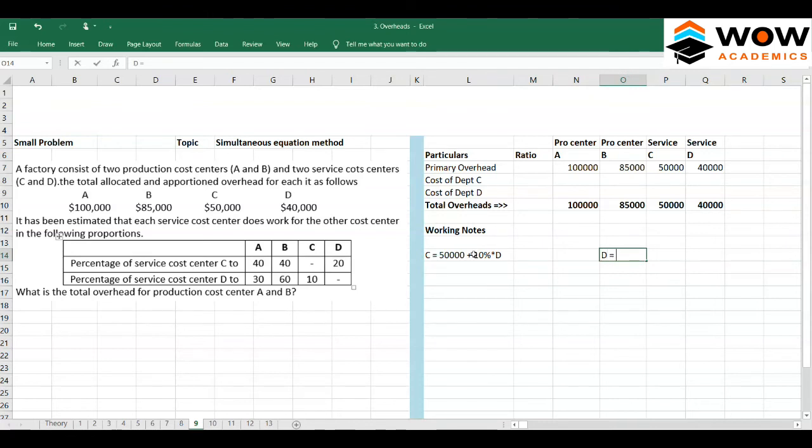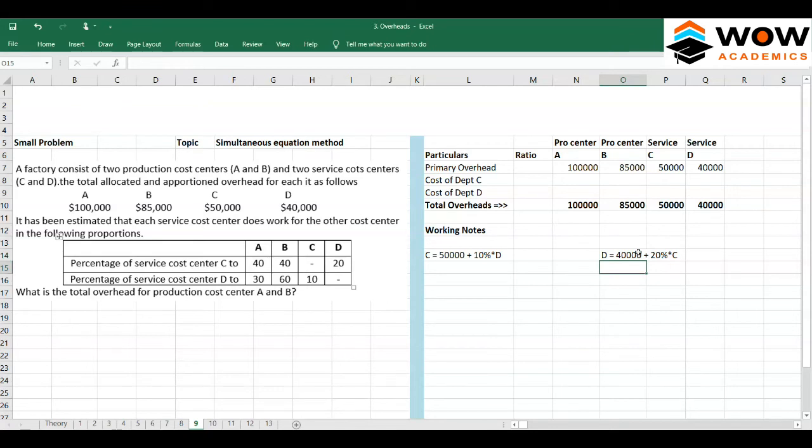D's cost is the full 40,000 plus it is also incurring some cost from C department. The C department is giving its service in the ratio 40 is to 40 is to 20, so D department is using 20% of C department's cost.